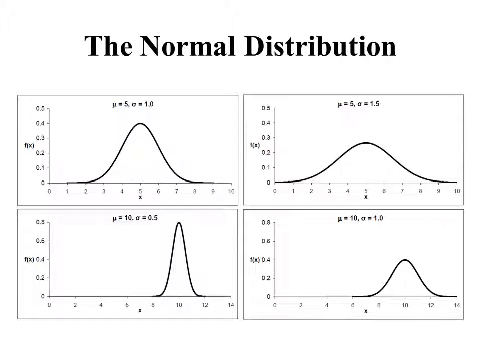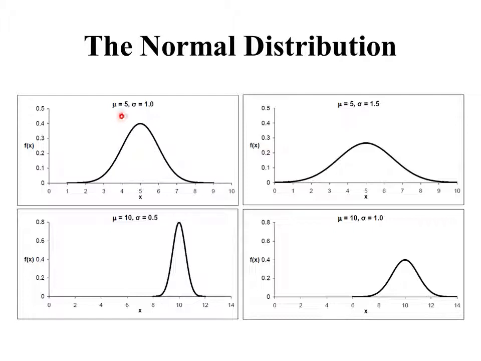Now the parameters mu and sigma, the mean and standard deviation, tell us a lot about the shape of the PDF or the density curve for a normal distribution. So here are density curves for random variables with normal distributions and different values of mu and sigma. We see that they all have a bell curve shape, kind of like the standard normal distribution.